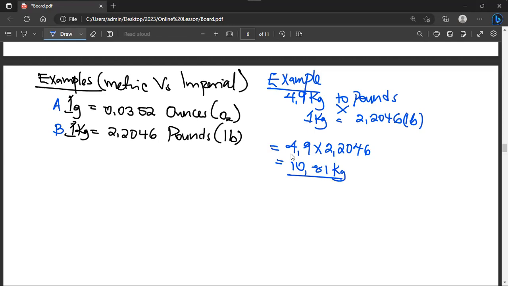Sorry, pounds, not kg. You're from kg, you cannot change kg to kg. It's pounds.